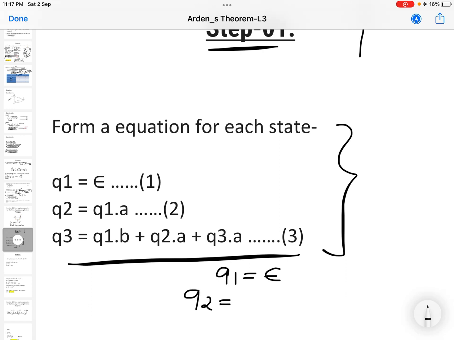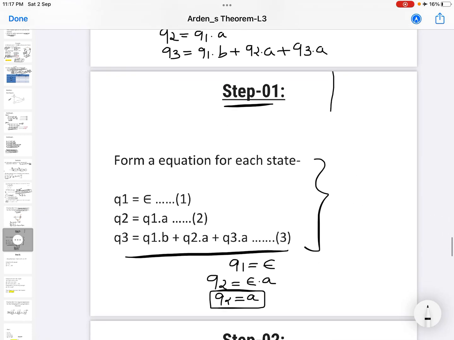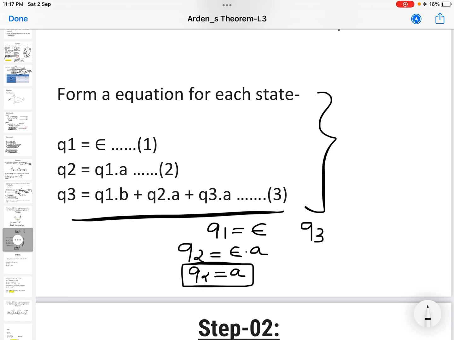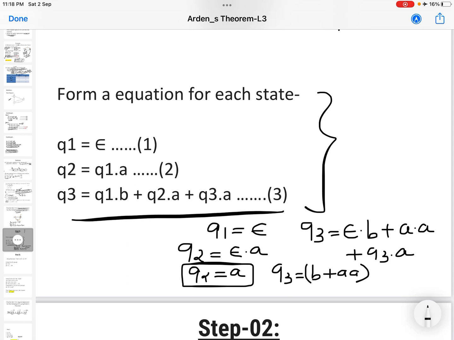So Q2 is equal to epsilon into A, so Q2 will be nothing but equal to A. If Q2 is equal to A, then Q3 will be equal to Q1 into B, which is epsilon into B, plus Q2 into A, which is A into A because Q2 is A, plus Q3 into A. So my Q3 will be B plus AA plus Q3 into A.